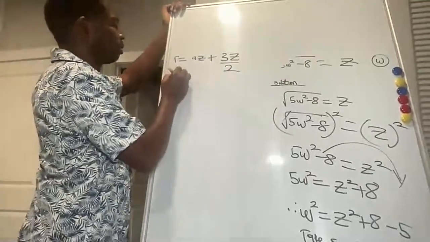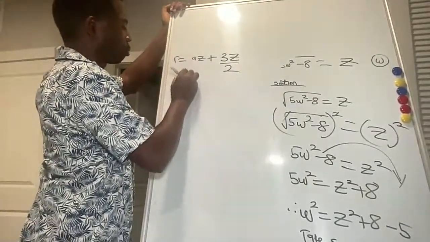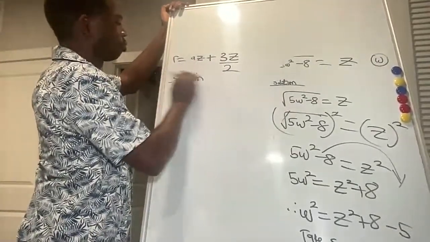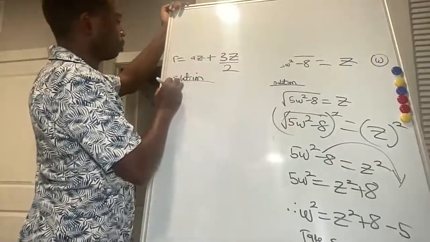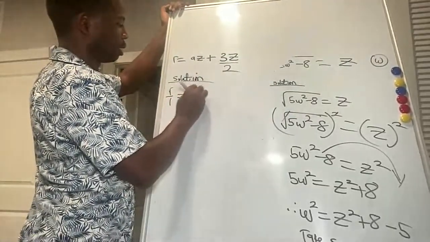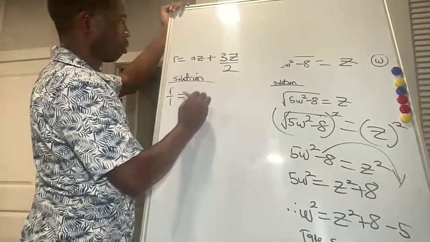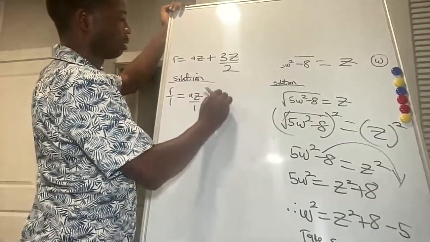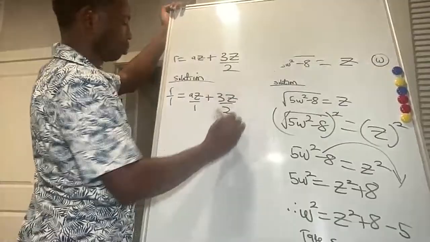So what are we going to do? Firstly, solution. r over 1 is equal to az over 1 plus 3z over 2.